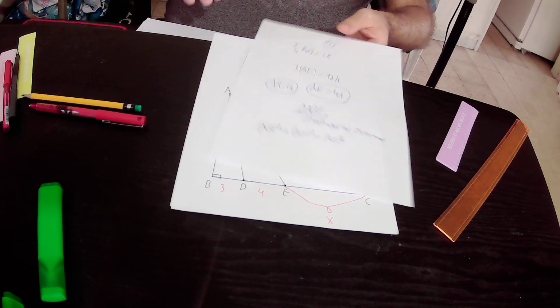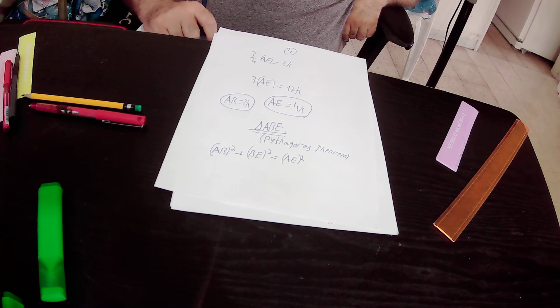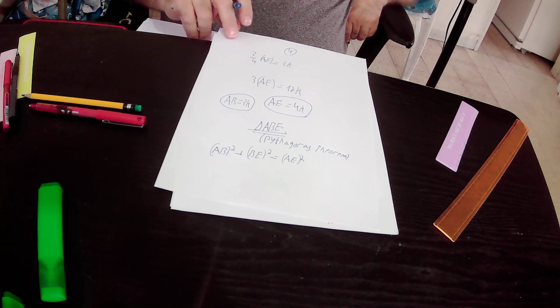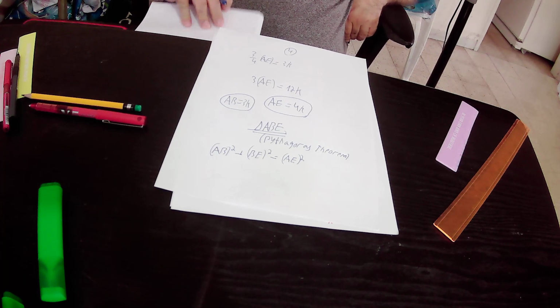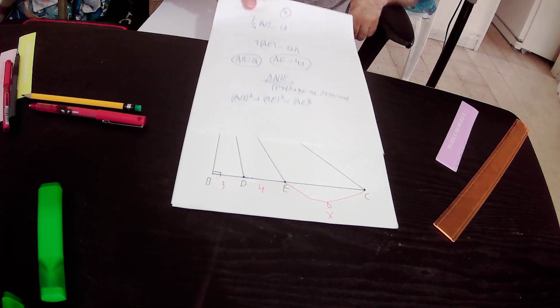According to the Pythagoras theorem, in the right triangle ABE, AB square plus BE square equals AE square. We know that AB equals 3k according to our definition, so AB square will be equal to 3k square plus BE square.